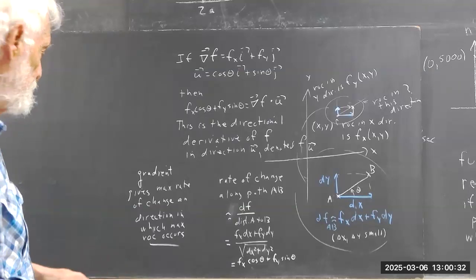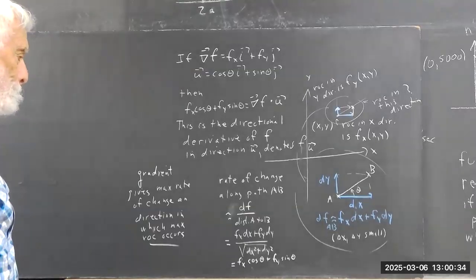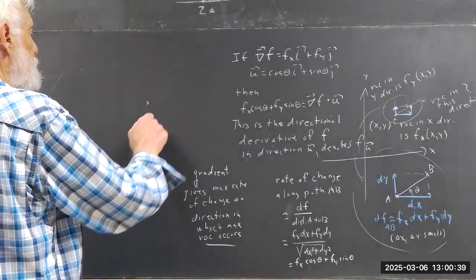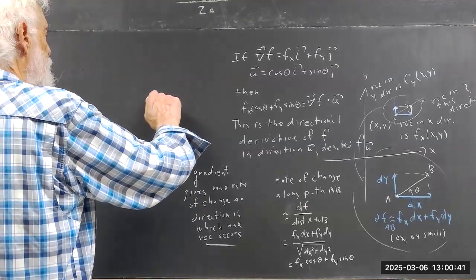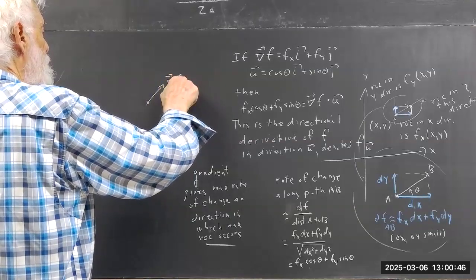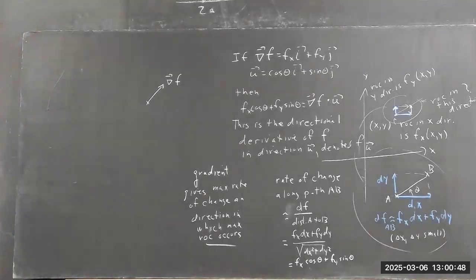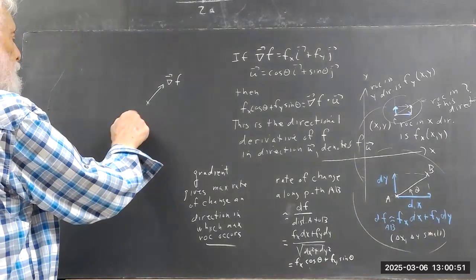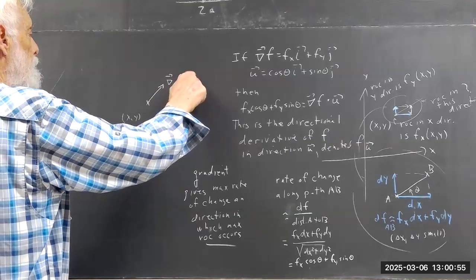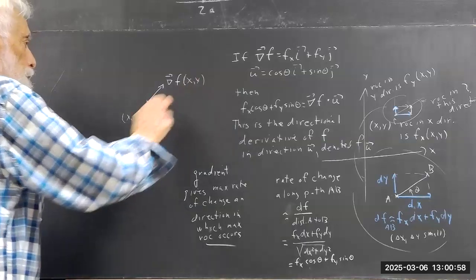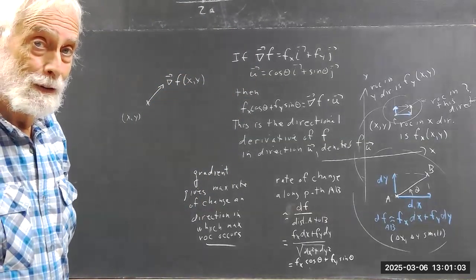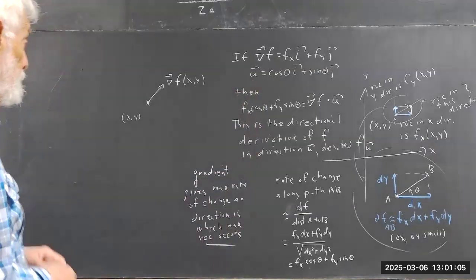The other thing then is, okay, so let's say here is a point, X and Y. The gradient, which is real easy to calculate, you do the partial derivatives and put them in front of the I, J, and K vectors.